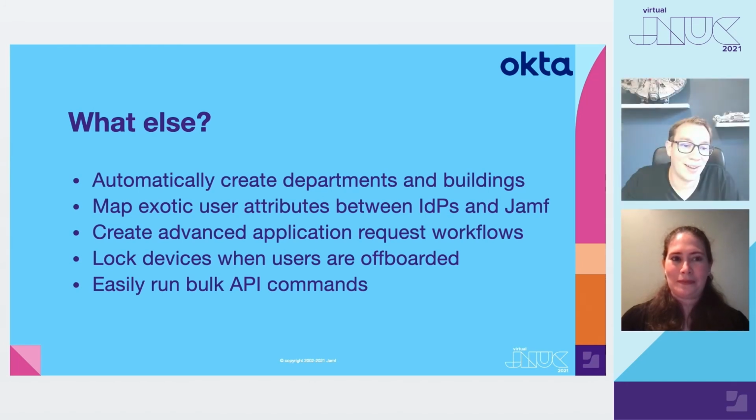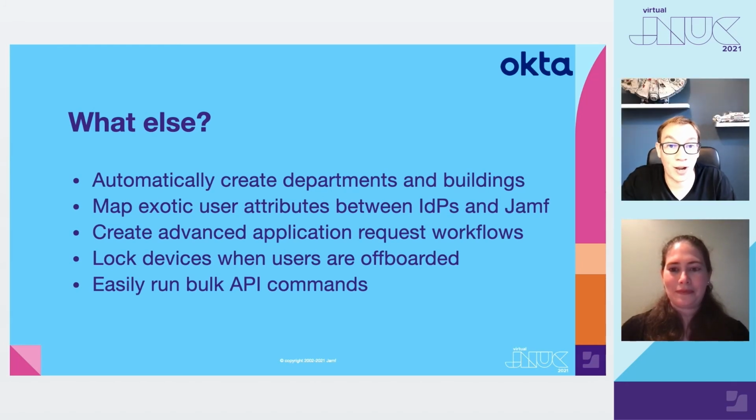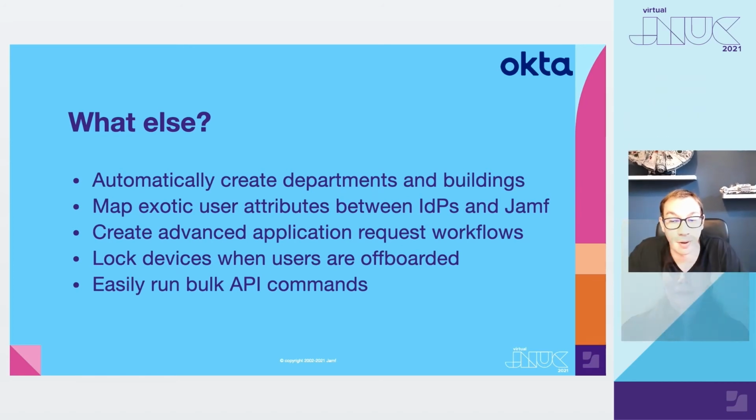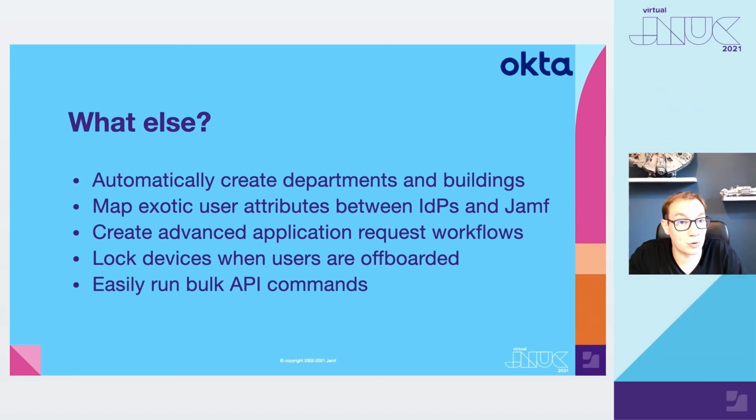Thank you. And here I wanted to list other ideas that came across our minds, but this is only the tip of the iceberg. It's up to you to find other use cases. But for example, you could automatically create and provision departments and buildings, just like we showed you at the beginning of this session. But you could also map exotic user attributes between IDPs and Jamf Pro.